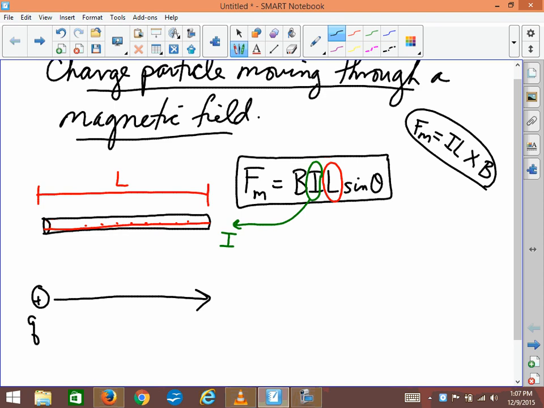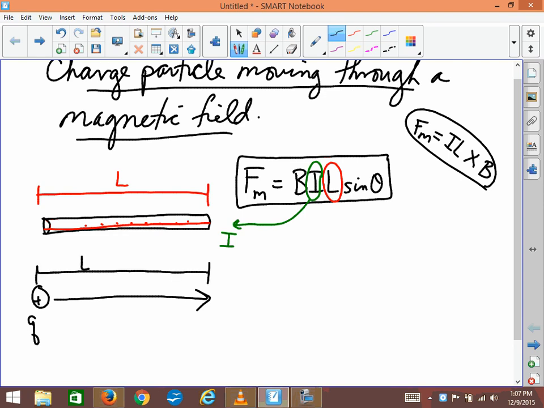So we need to rethink this I and this L. We need to figure out what the length relates to in terms of a moving particle. If the particle is moving a certain distance, that could be the length.